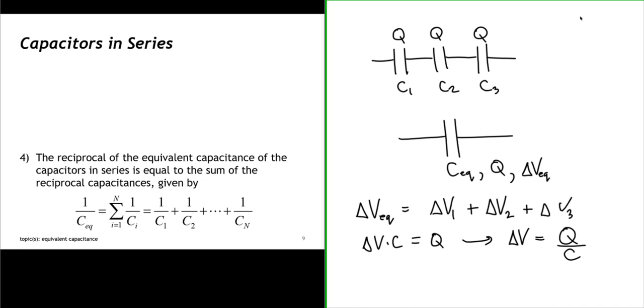So the potential difference of the equivalent capacitor is just equal to the ratio of the charge on the equivalent capacitor over the equivalent capacitance. Now, we know that the charge on the equivalent capacitor is equal to the magnitude of charge on each of the individual capacitors.